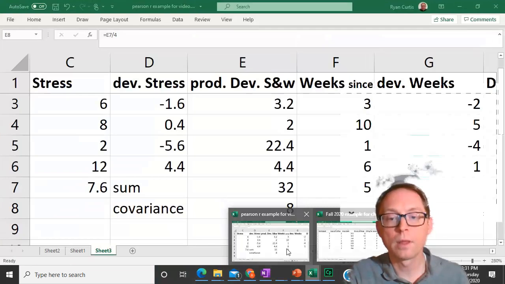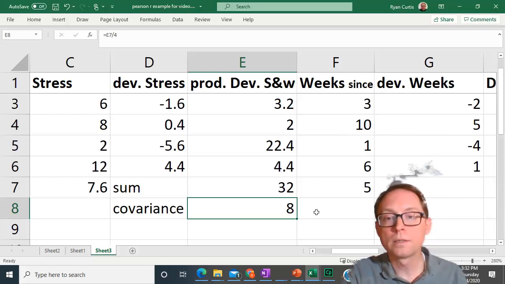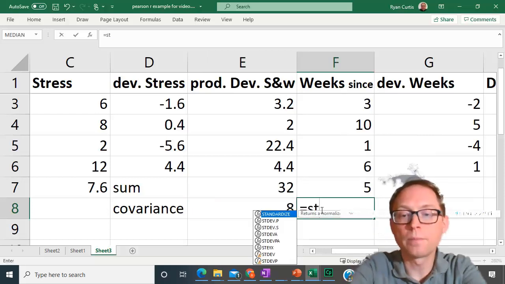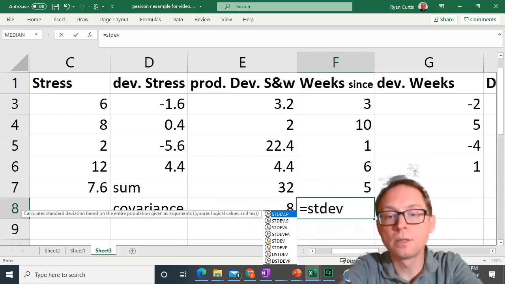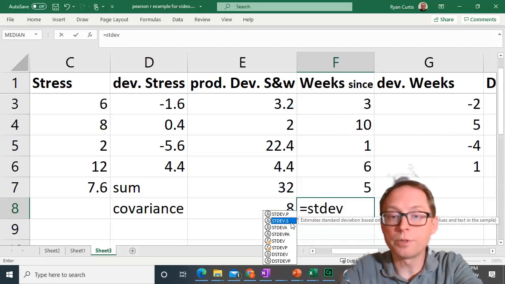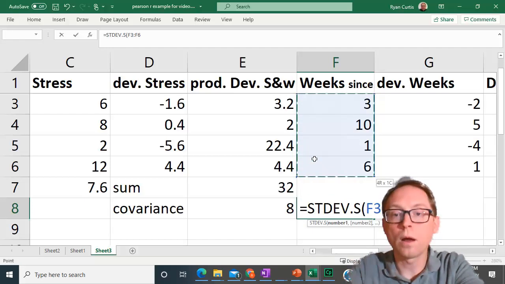So let's go back to our data. All right, now remember, weeks, that's over here. We already got the mean. So this is going to be the standard deviation. In this case, this is a sample that we're using, right? The standard deviation for a sample for the original 5 scores.